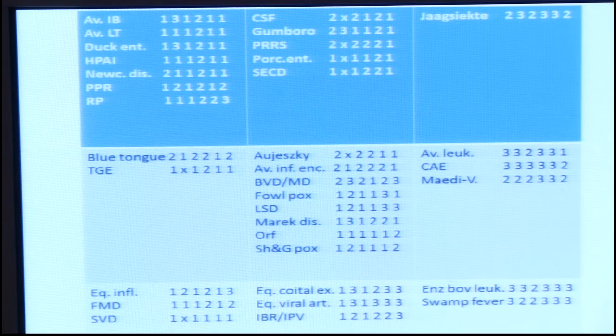We've got porcine enteritis, the Teschen virus, and then SECD stands for swine enteric coronavirus disease. And so in between the pigs and the poultry and the bovines and the equines, we've got most of the small ruminant diseases.